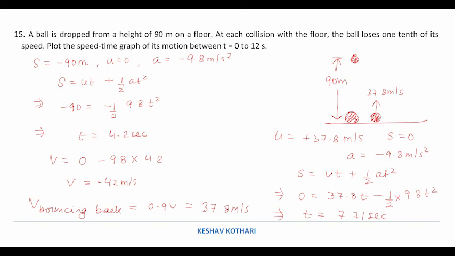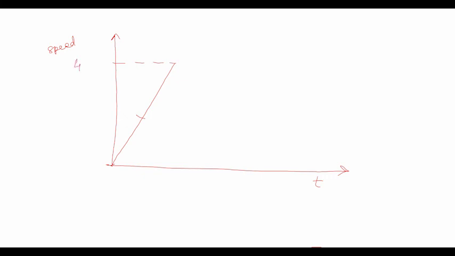So if we draw this particular graph, we can draw it in this way. So this is the speed time graph we are talking about. The ball is going to attain a maximum speed of approximately around 42 meter per second, and this is going to take place roughly around 4 seconds.